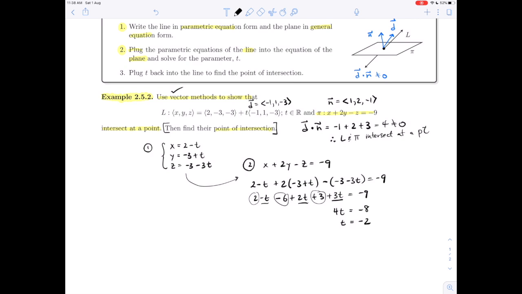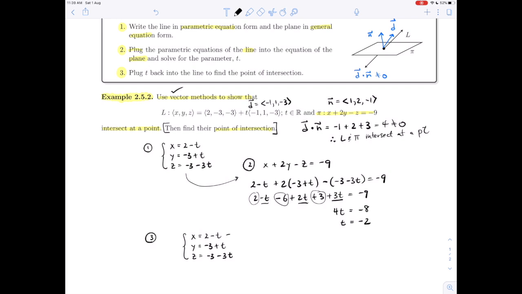We've solved for the parameter t, but that's not what the problem is after. We want the point of intersection, so we're going to do step 3, and that is to plug t back into the equations of the line. Let's copy those down. Here they are. And we're going to plug t back in.